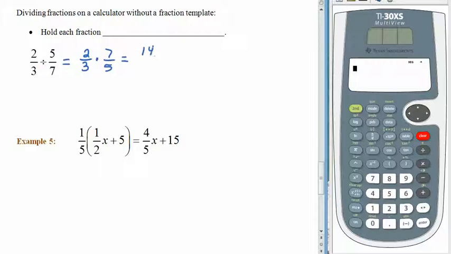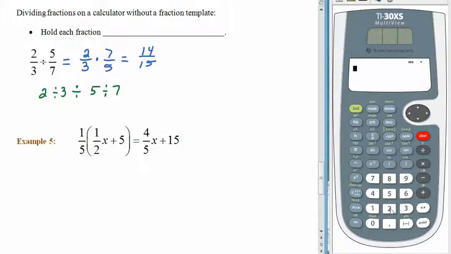We can multiply this straight across, and we know the answer is supposed to be 14/15.